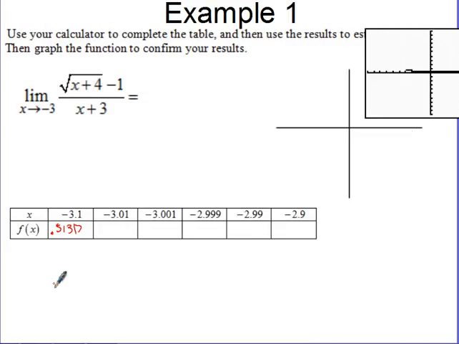What about negative 3.01? 0.126. What about negative 3.001? Okay. What about negative 2.999? What about negative 2.99?